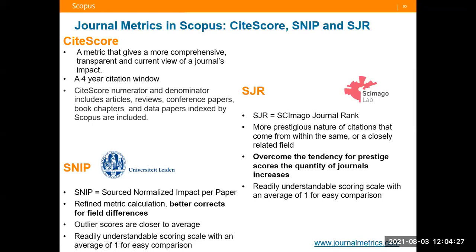Okay, FWCI. They both have a world average value of 1. So if you find an SJR for a journal or conference above 1, then you know that particular journal performs higher than the average. If below 1, it performs lower than the average.